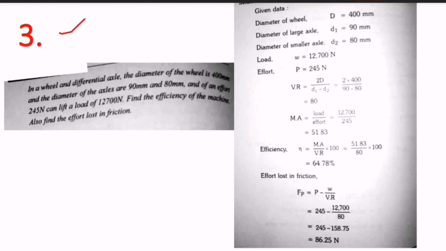Next question. In a wheel and differential axle, the diameter of the wheel is 400 millimeter and the diameters of the axle are 90 mm and 80 mm, and an effort of 245 Newton can lift a load of 12,700 Newton. Find the efficiency of the machine. Also find the effort lost in friction. So this is the question.